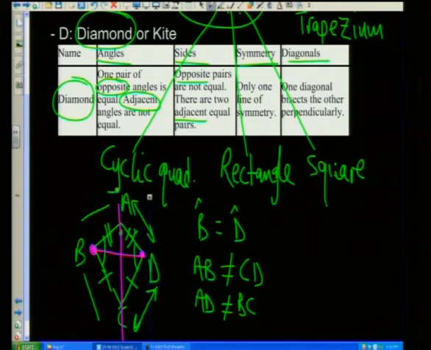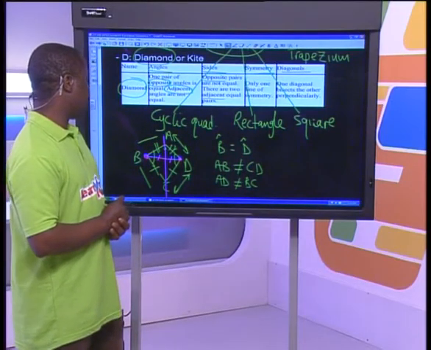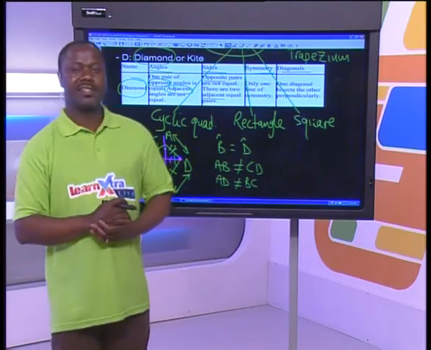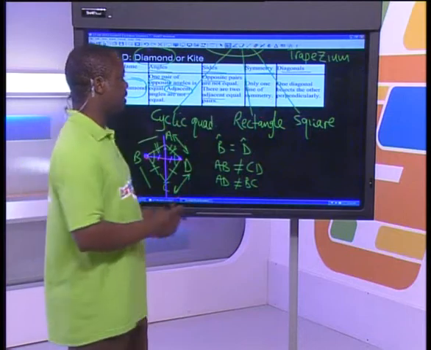So I'm suggesting that that will be equal to that. Only one diagonal is bisected. So AC bisects BD, but AC itself is not bisected. So that's what I'm suggesting there.